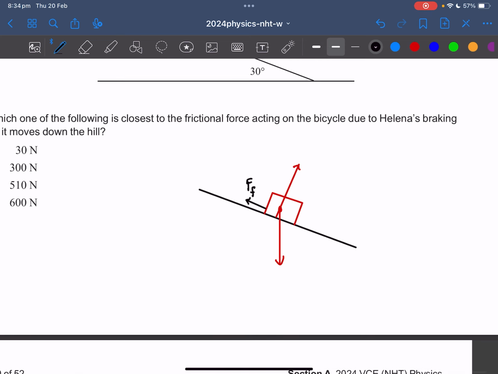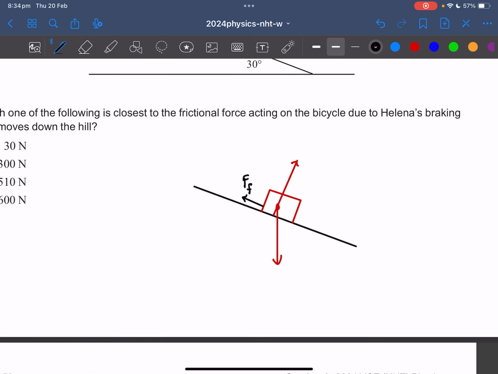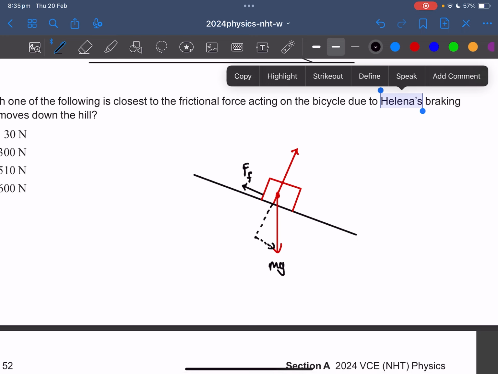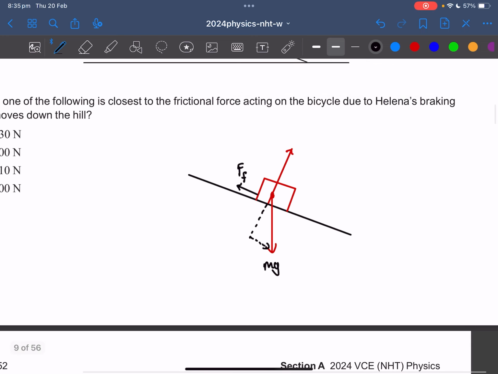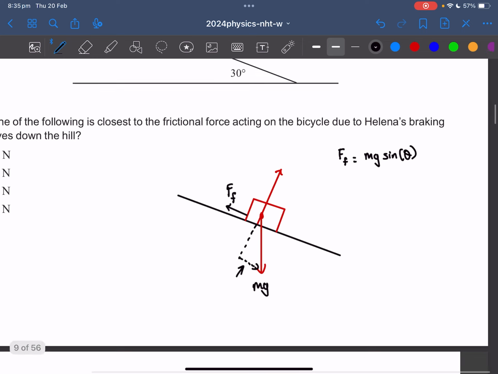So if I draw the components, this is mg. So I guess in this case, our friction force is just going to be mg sine of theta. So like this component over here, except it's in the other direction, right?